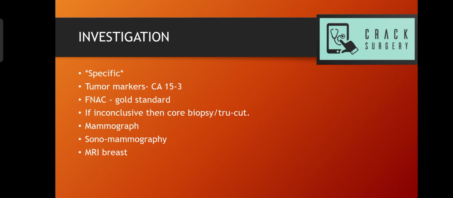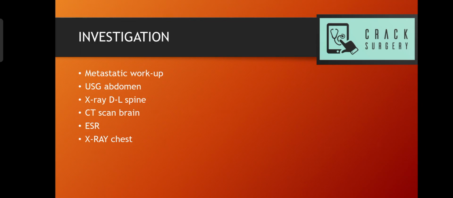It is the best, or gold standard, investigation for the diagnosis of CA breast. If it is inconclusive, then core biopsy or true cut biopsy should be done. Next, mammography and sonomammography or MR breast can be advised for the investigation of CA breast.